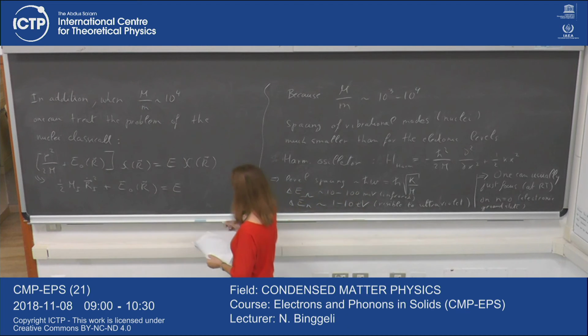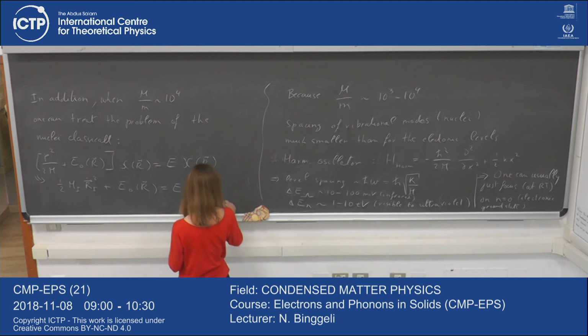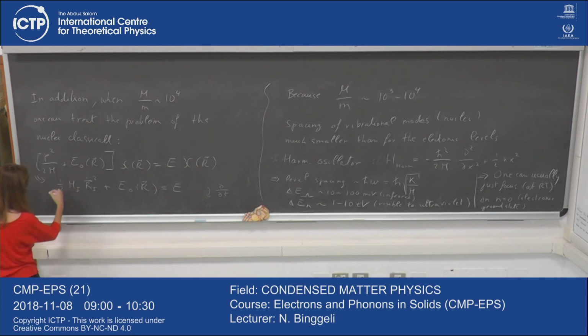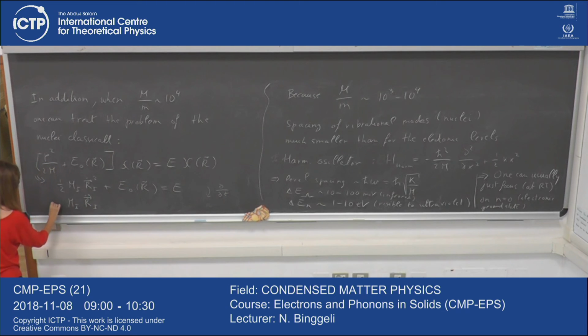And there, if you use this equation and you just derive with respect to time, you obtain 2 times Mi times Ri second derivative times Ri first derivative.